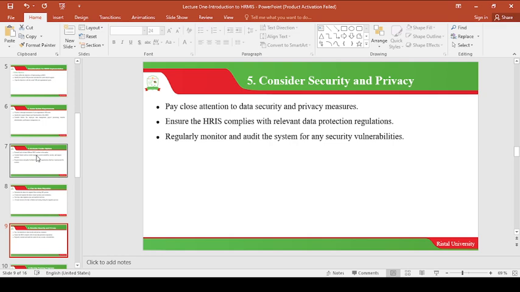Sometimes even the employees within the organization can hack the system. And when they hack the system, of course, the organization's valuable information or the employee privacy is no longer secret. And that one is very dangerous. So as a manager, you need to make sure that you always regulate the system to see whether there is any security threat.